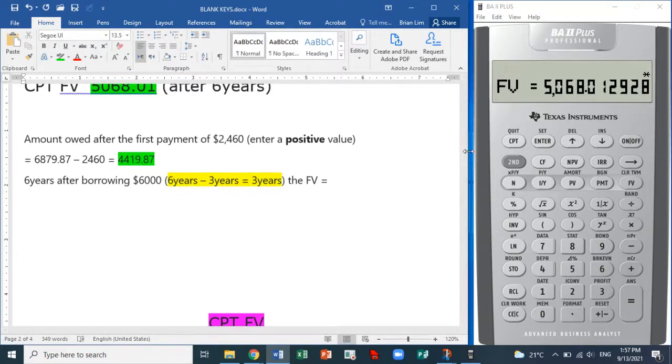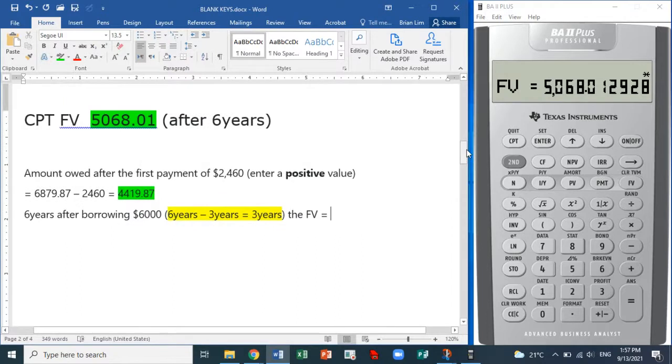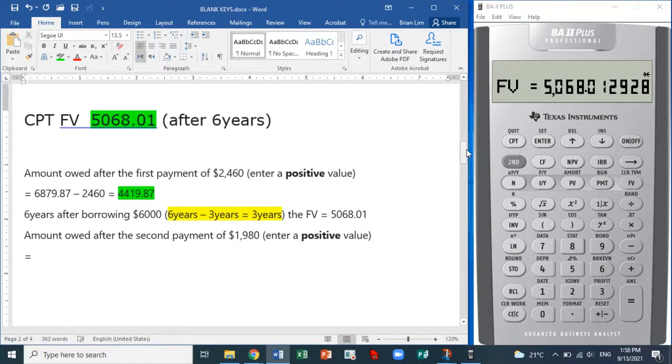After 6 years, that's the present value, which is the amount that's owing after 6 years. So the future value is 5068.01, right? So now we have another amount owed. We should be able to copy and paste, and that amount would be equal to what? Well, we take the 5068.01, and then we subtract 1980, and that would give us some number.